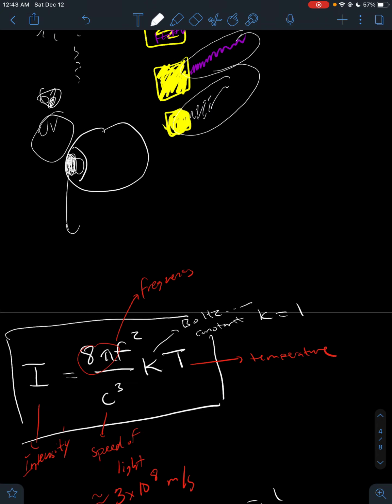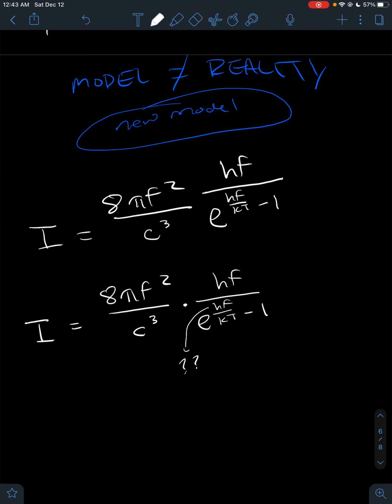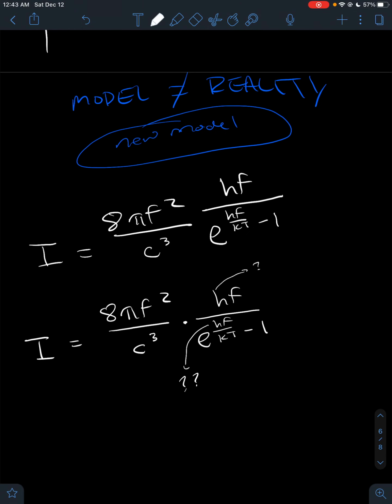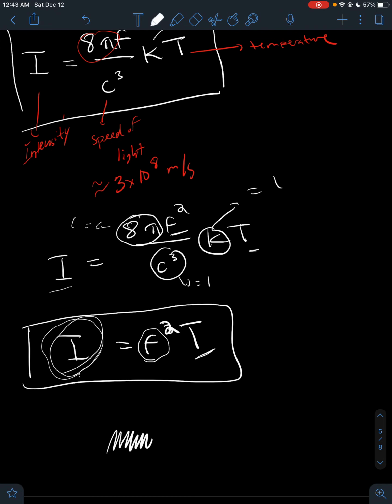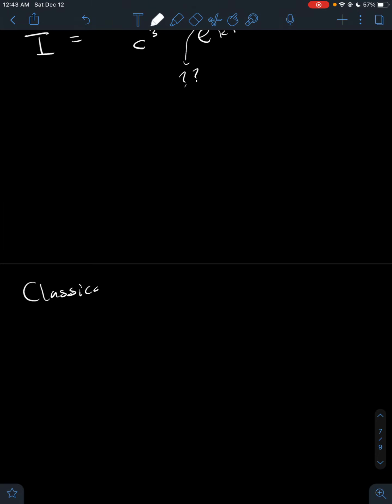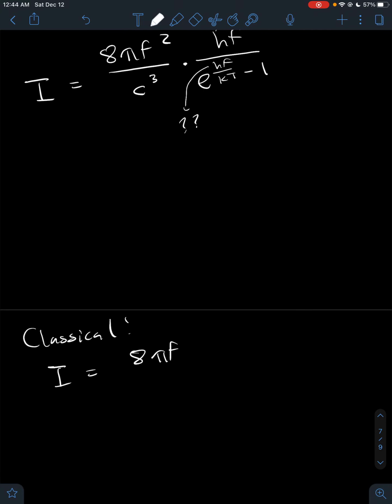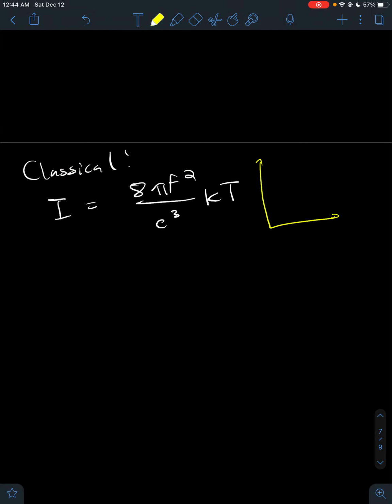What is that h that we just introduced? It shows up here as well. As you can see, it's pretty similar to the classical calculation, where our classical model, let's just write it down, says that the intensity equals 8 pi f squared over c cubed kt, which predicts a graph that goes up to infinity.